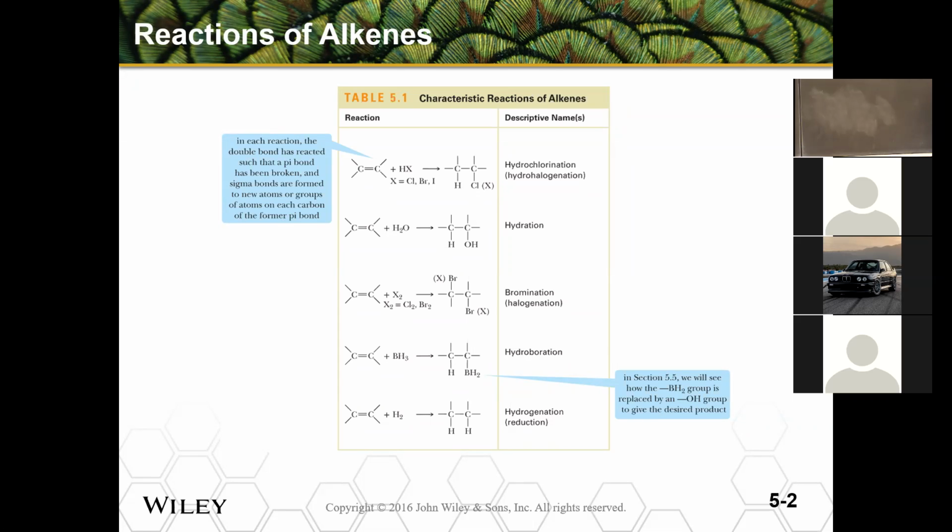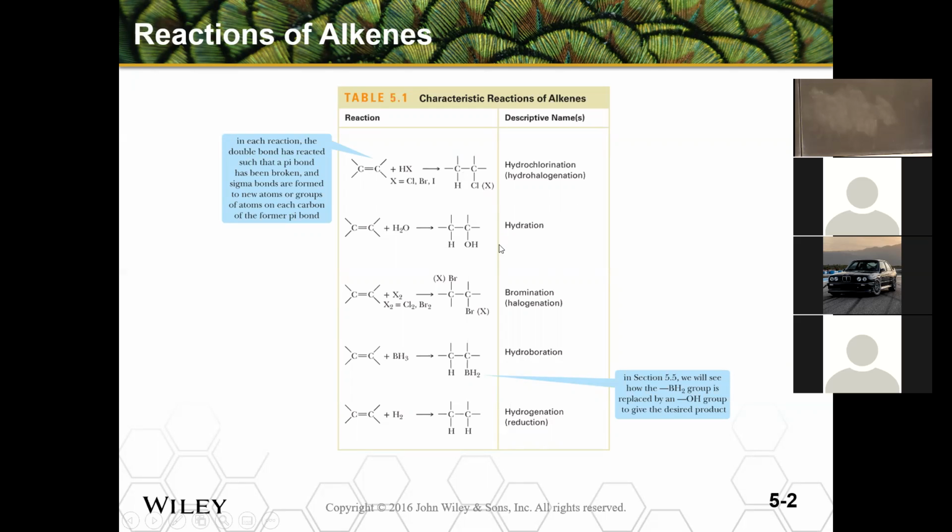We're going to look at each one of these in detail. The first one is hydrochlorination, or in general, hydrohalogenation. We could also use HBr or HI, and we add an H to one side and a Cl to the other, and there's no double bond in the product.